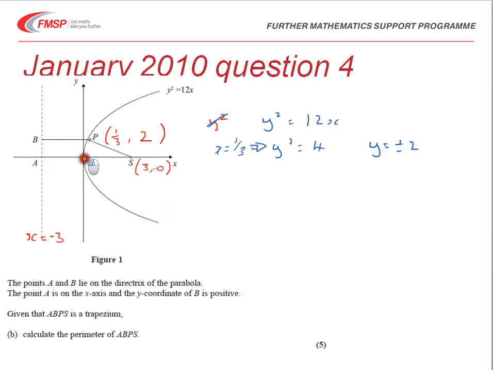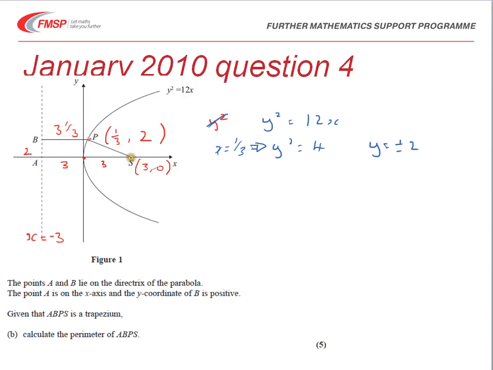Clearly, S is distance 3 from the origin. A is also distance 3 from the origin. We've just calculated AB is equal to 2, the y value. BP is 3 plus 1/3, so it's 3 1/3.